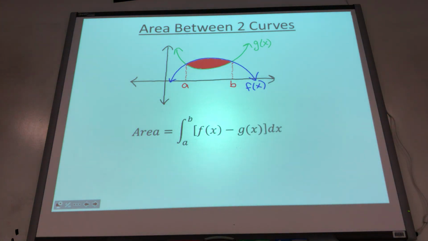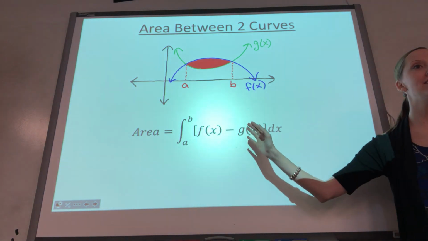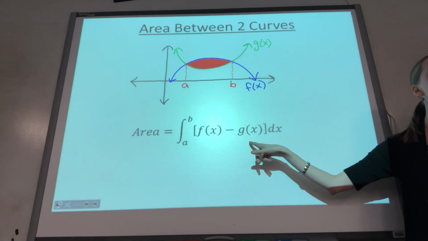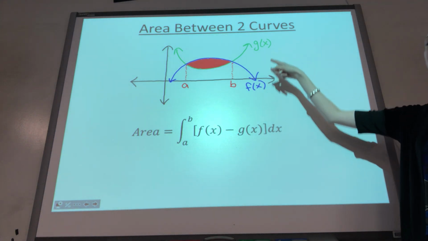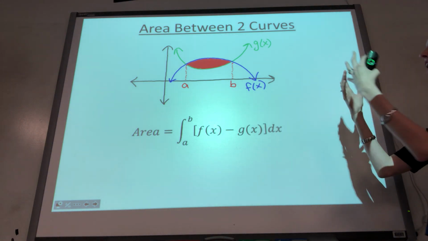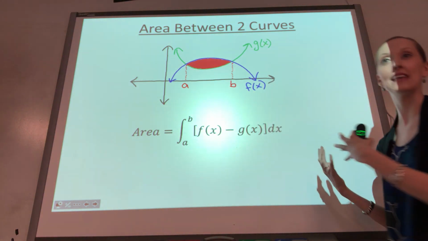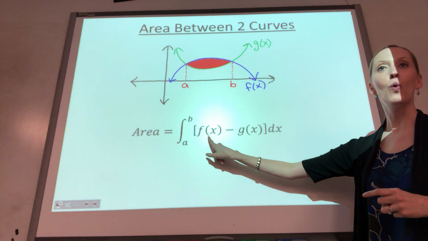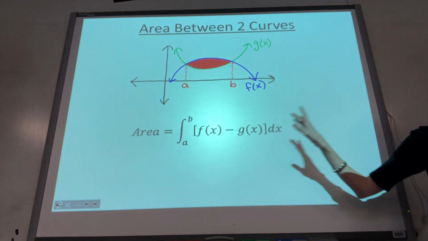And I need to make sure you know exactly what that means, which function goes first and which function goes second, because it's not always going to be labeled f and g. They may all have y equals out front, so you'll have to figure out on your own which one goes first and which one goes second.